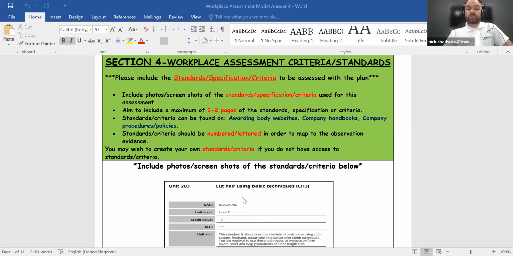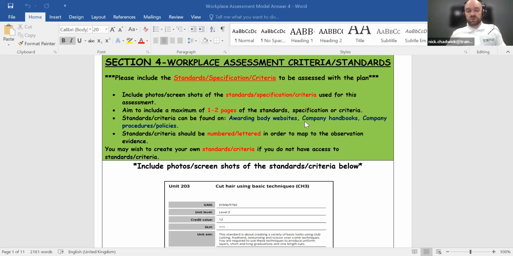And this can be found perhaps on an awarding body website, within a company handbook. It can be found within any sort of company policies or procedures. Do try your best to find any type of standards or criteria. If you don't know of these standards or criteria, you can, of course, create them for the purpose of the qualification, but please do share these with the learner that is experiencing the assessment.